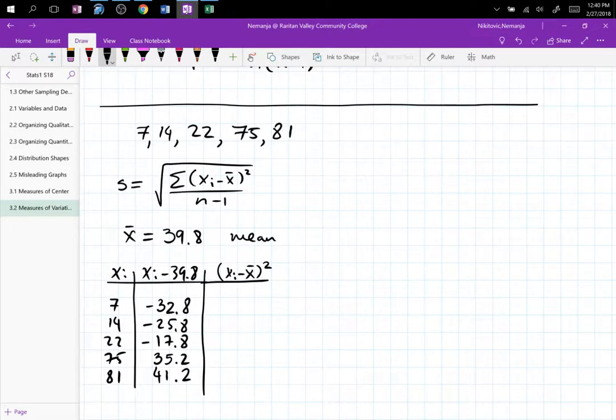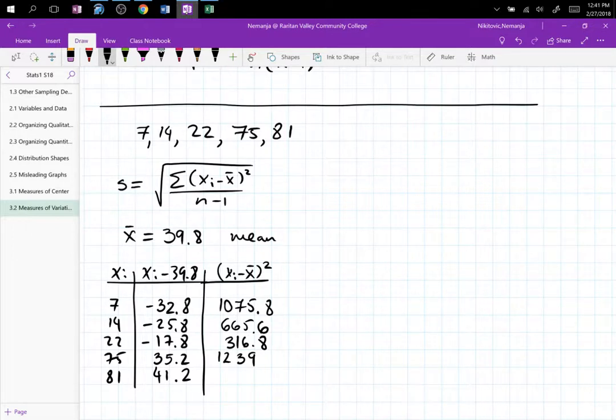Now we square each one of these. 32.8 squared is 1075.8. 25.8 squared is 665.6. 17.8 squared is 316.8. 35.2 squared is 1239.